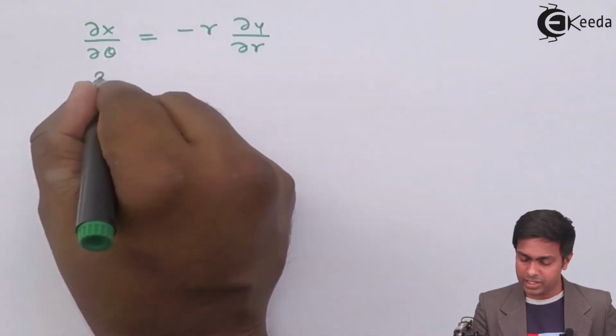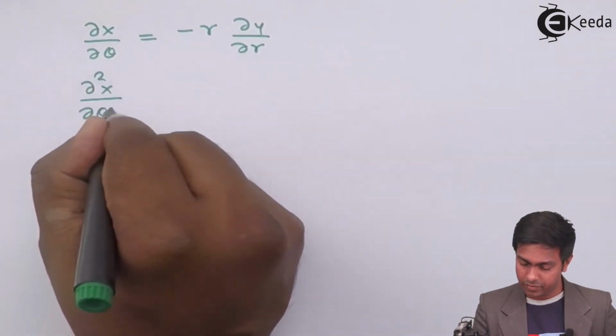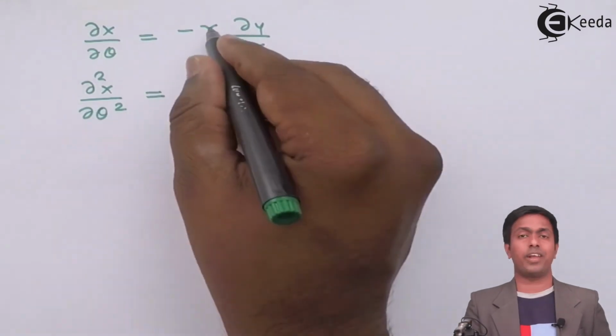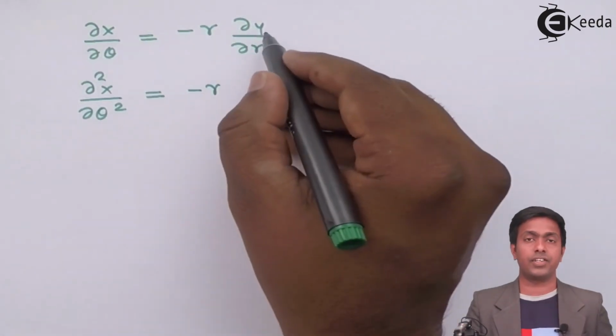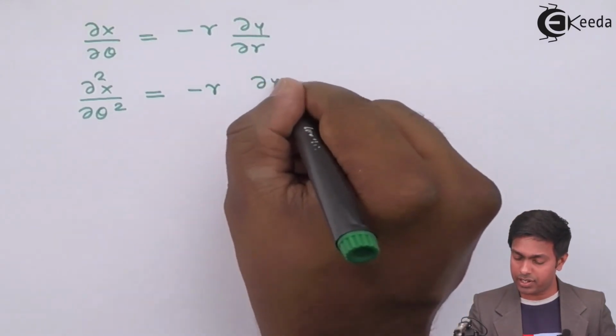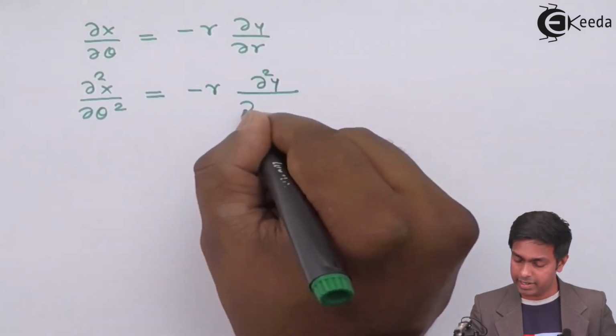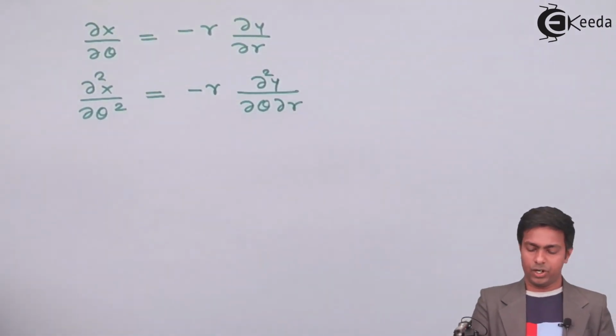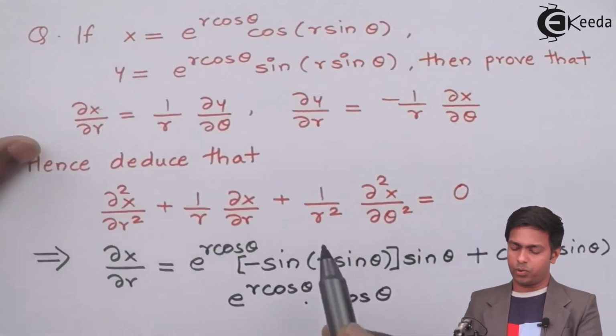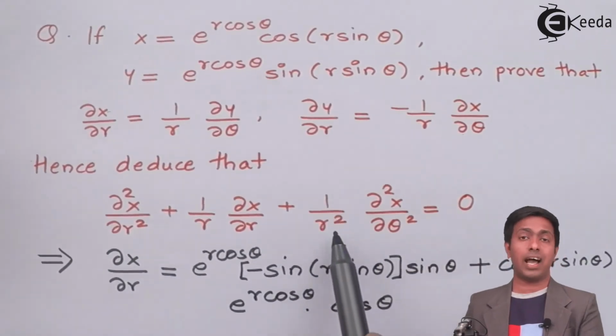So we will get del square x by del theta square equal to, now negative r is a constant since it does not have theta, and the differentiation of this with respect to theta partially is del square y by del theta del r. Now guys, to this value we have to multiply with 1 upon r square.